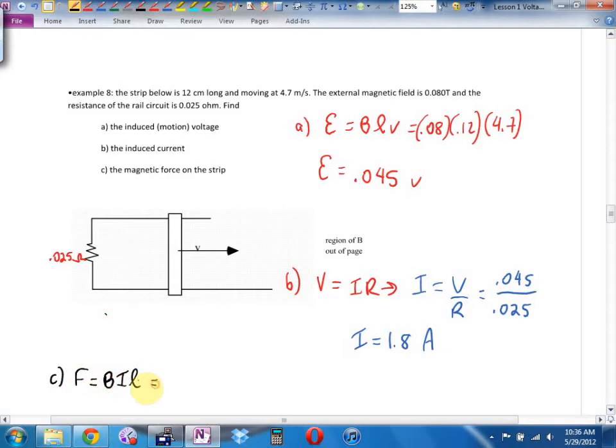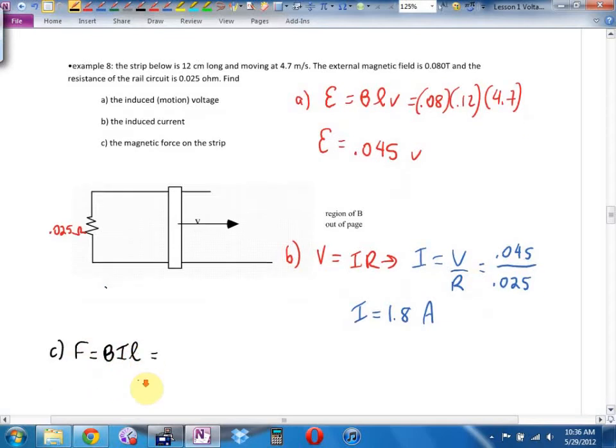Let's see. Do I know the magnetic field in teslas, Mitchell? I do. Do I know the current? Yeah, and I figured it out, and I would say I like this question for the next unit test. Nice combination. Also, look at that. We're even reviewing some circuitry. Lots of good stuff here. Current is 1.8 amps, and the length was 0.12.